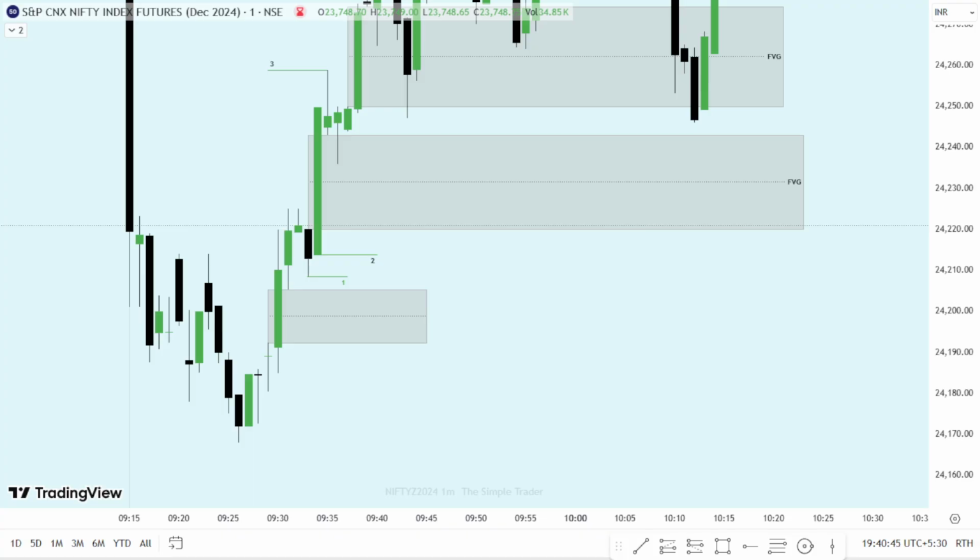As traders, our main focus should be to identify these areas of inefficiency and wait for price to retest or retrace into these areas, and then look for any reversal patterns that form in these fair value gaps, and then we can trade accordingly.